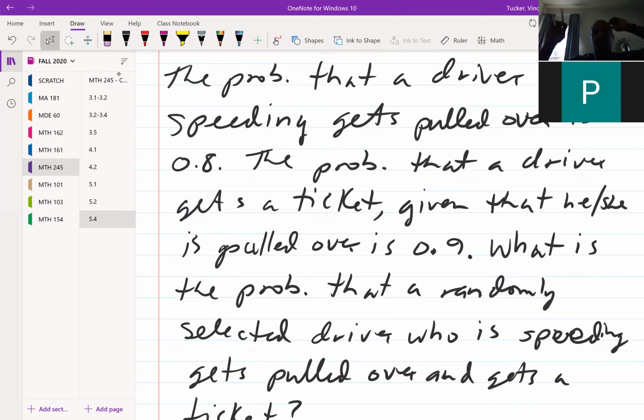All right, so the probability that a driver who is speeding gets pulled over is 0.8. Probability that a driver gets a ticket given that he or she is pulled over is 0.9. What is the probability that a randomly selected driver who is speeding gets pulled over and gets a ticket?